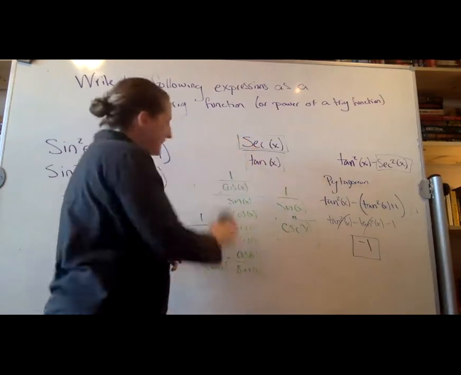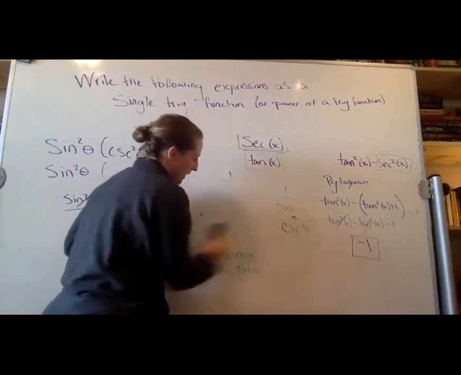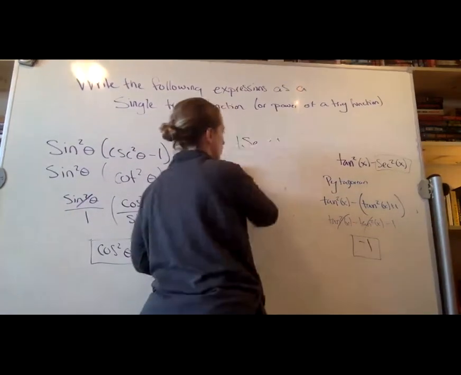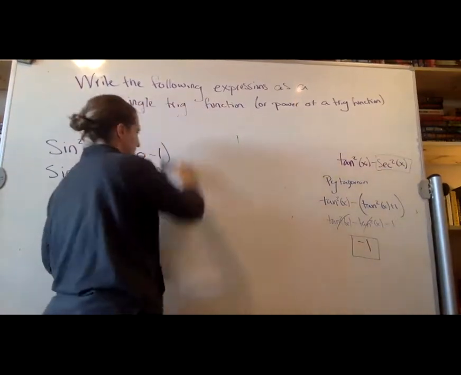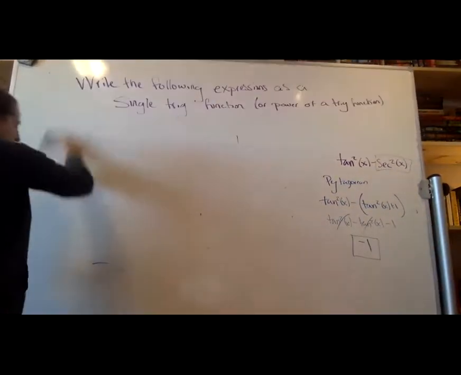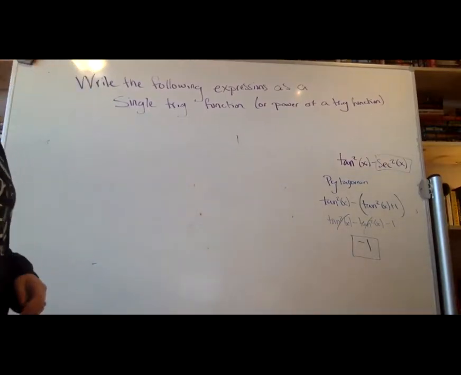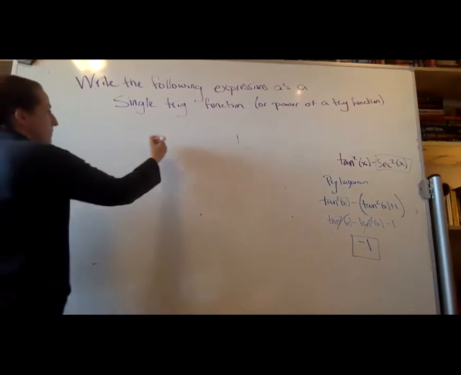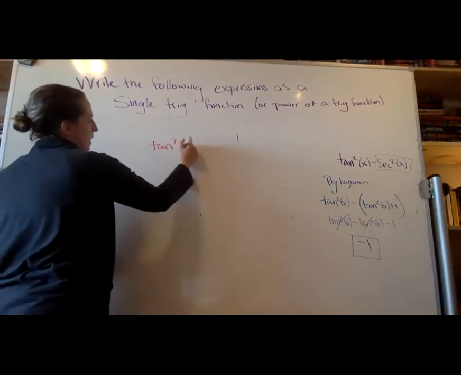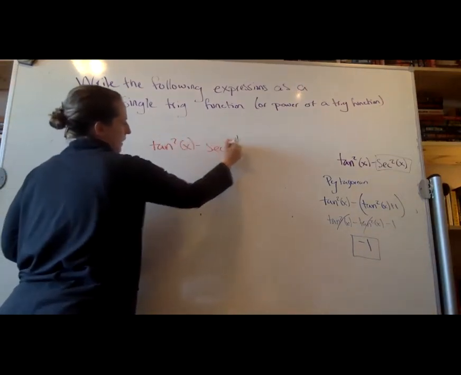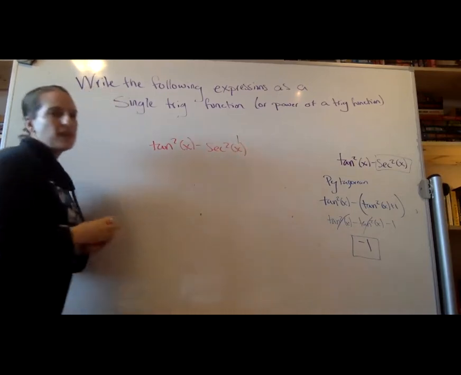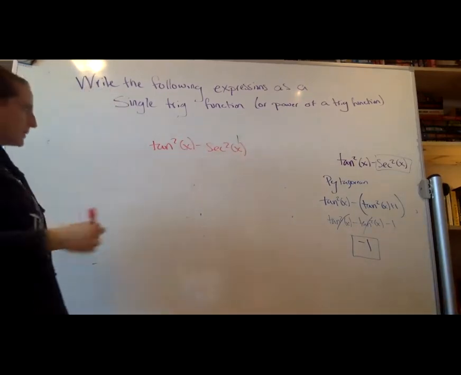That's probably the easiest route to do, but let's go ahead and try this a different way. Let's try and simplify this by replacing everything with sines and cosines. Okay. All right, so I want to take tangent squared minus secant squared, and I want to see if I can replace everything with sines and cosines.